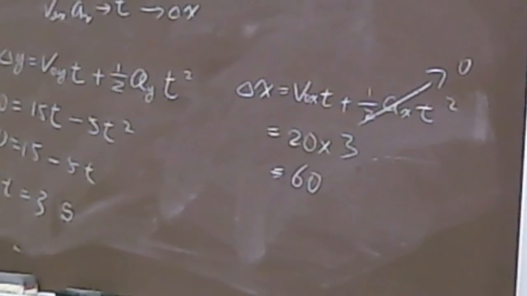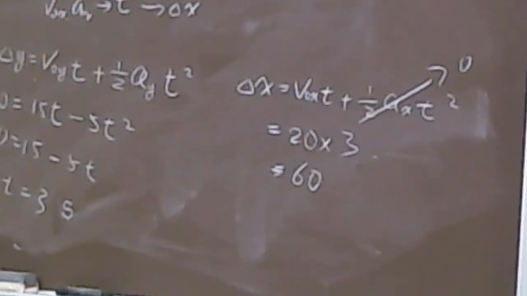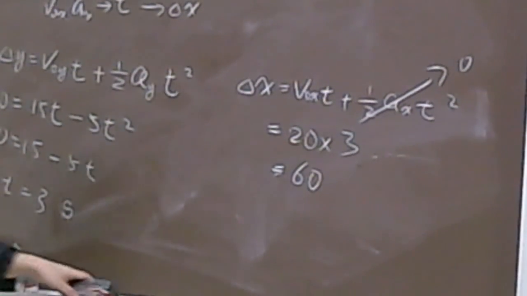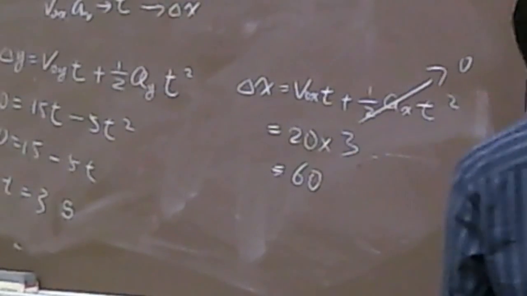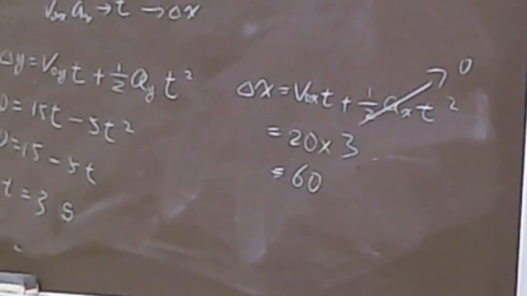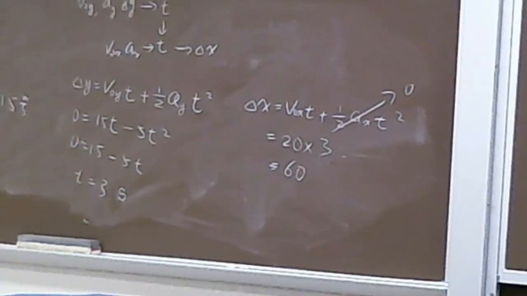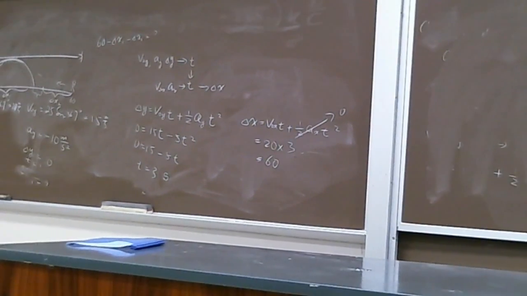You can calculate it, but of course now the person is running in this direction. Now, that's delta x1.